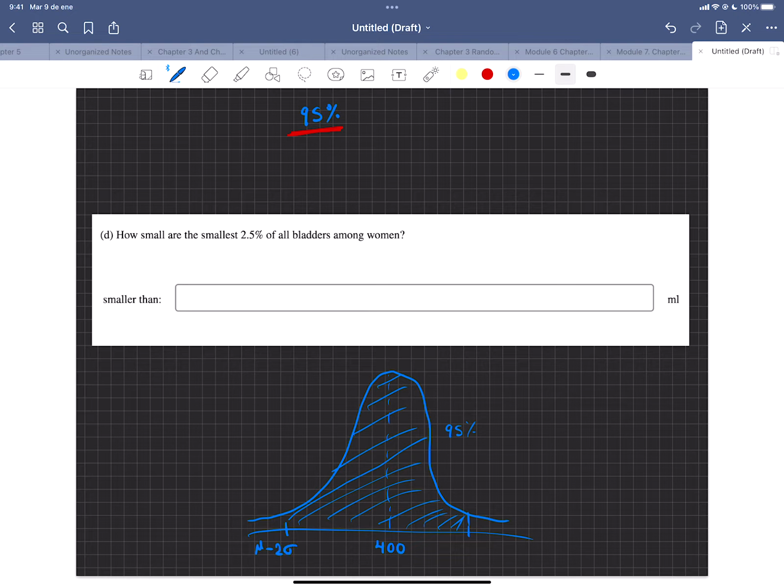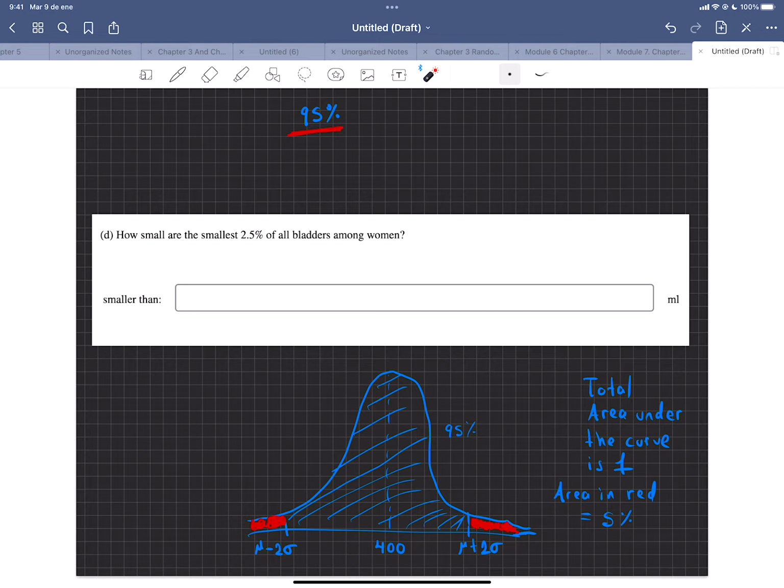Mu minus 2 sigma, mu plus 2 sigma. So what is the region here? The total area under the curve for any normal density is 1, so the area in red has to be 5%.